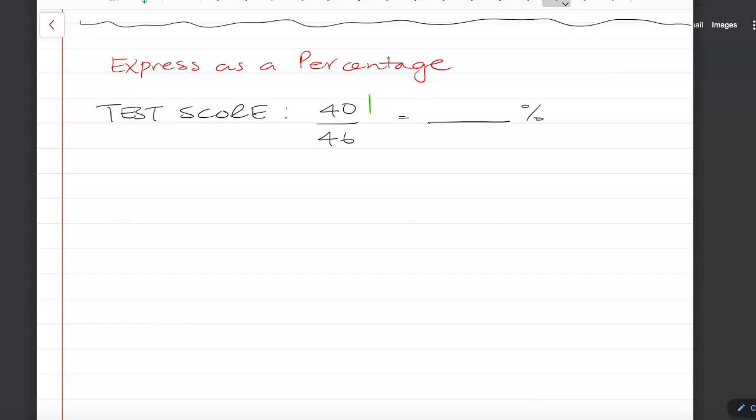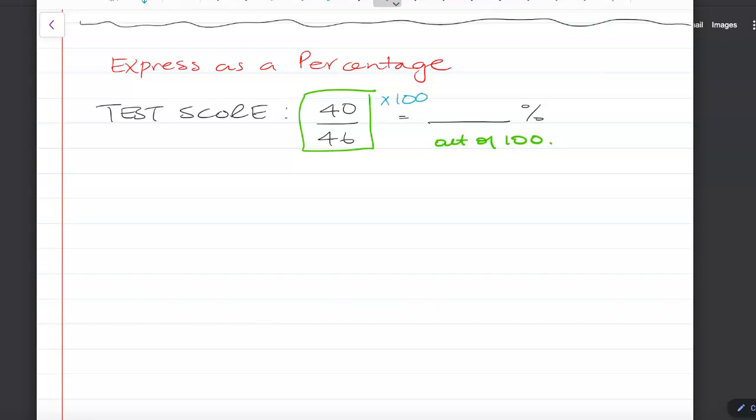Now remember we talked about a fraction being part of a whole. So this is 40 out of 46 marks, the one whole test. So we want to go from this being measured out of one whole test to being measured out of 100. So we simply need to get that fraction and multiply it by 100.